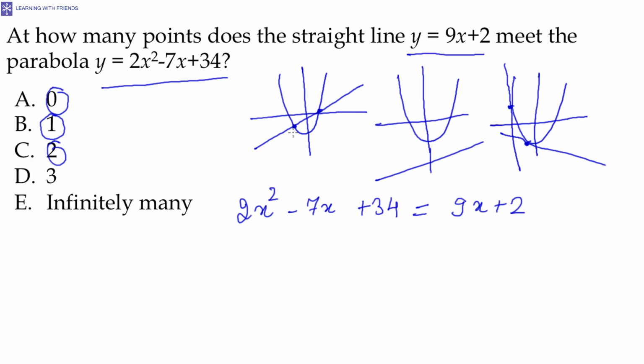Because the point at which they intersect, the two equations have to be the same because those points satisfy both equations. So we bring all the elements to one side. So 2x squared remains 2x squared. When we bring 9x here, it becomes minus 9x. Minus 7 minus 9 becomes minus 16x. And when you bring 2 here, it becomes minus 2. So plus 34 minus 2 is plus 32.